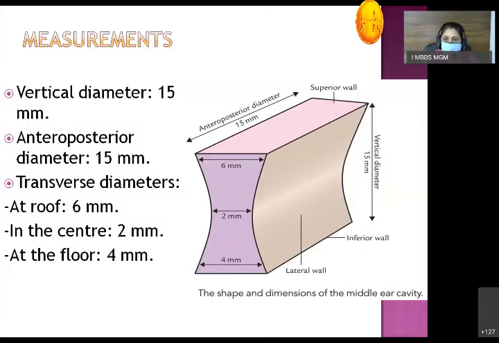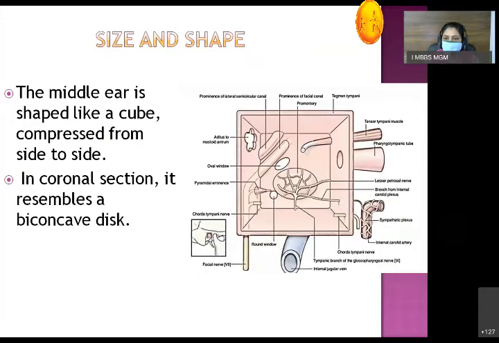Here you can see it has anterior wall, posterior wall, roof, floor, and medial wall, and lateral wall, which has been removed. Okay.